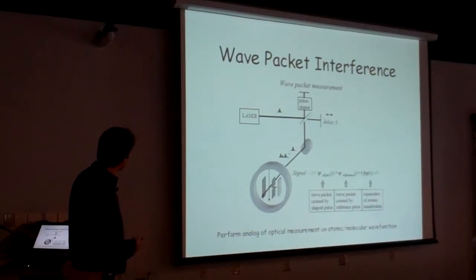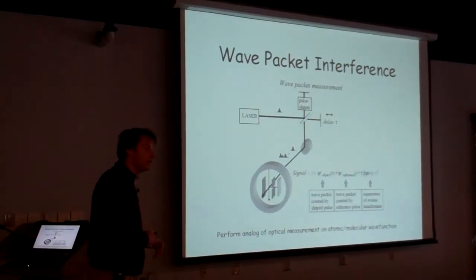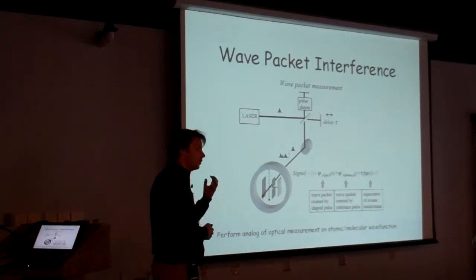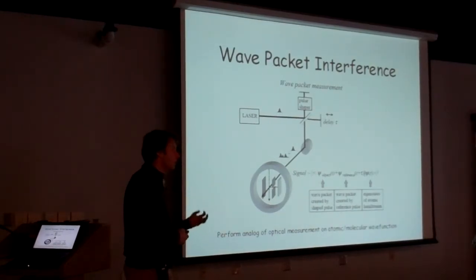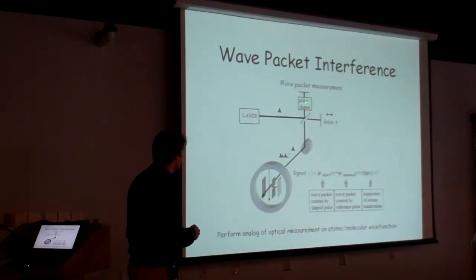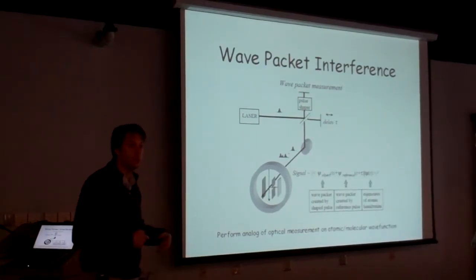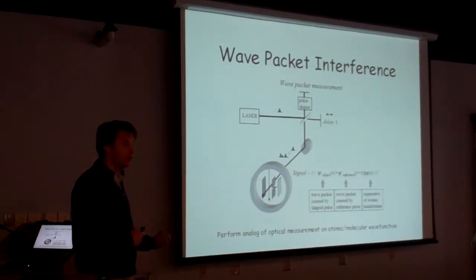I'm going to take a laser and go into a Michelson interferometer. I'm going to generate two pulses. One of them is going to go through a pulse shaper, which allows me to change the electric field distribution in time for our shaped pulse. That's going to generate a shaped wave packet in the ensemble of atoms.